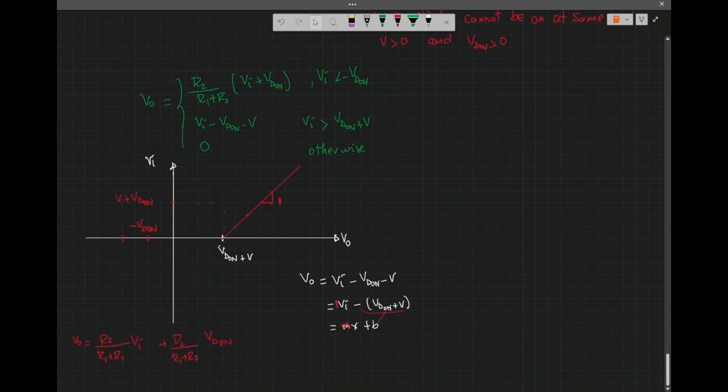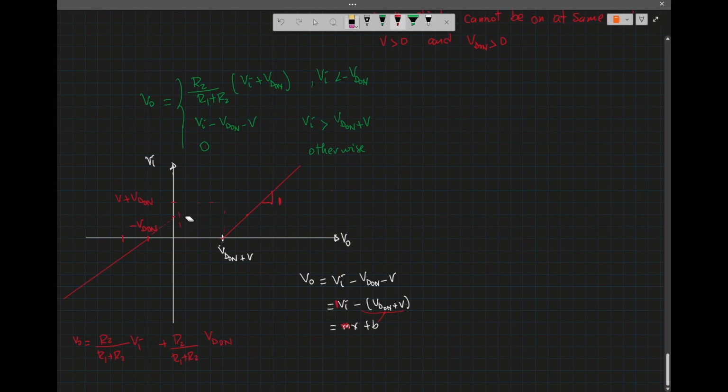Okay, so the slope of this graph will be less than 1, so it's gonna look something like this. And then it's gonna be R2 over R1 plus R2.